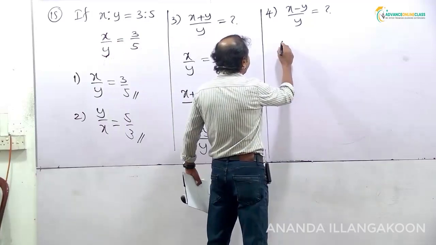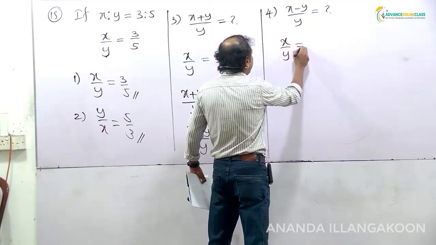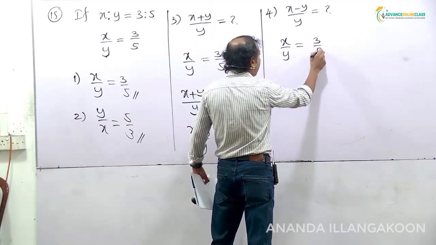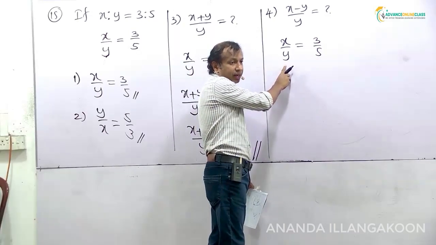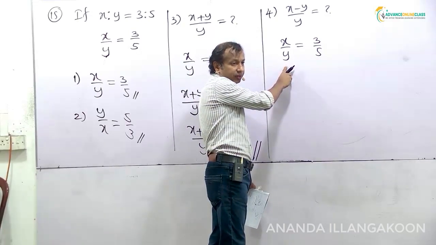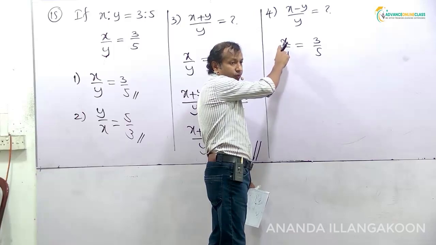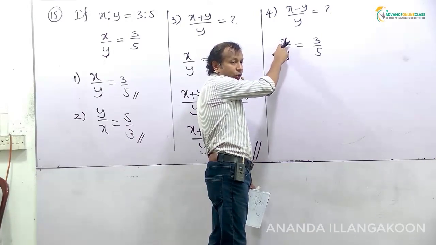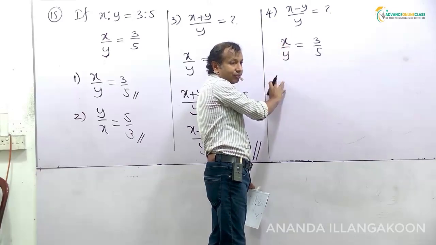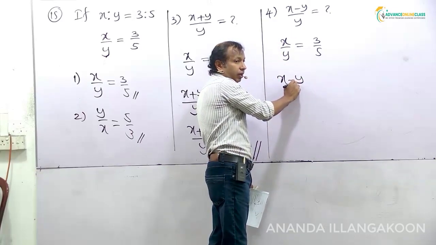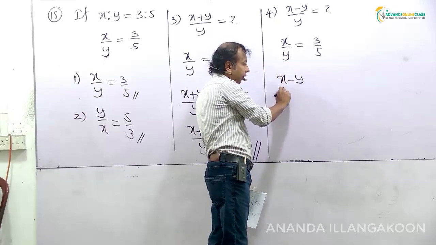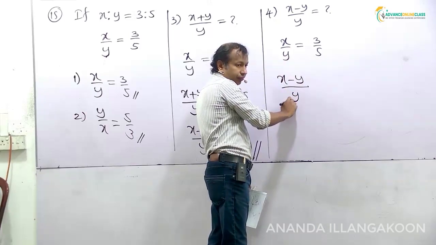We know x upon y equals 3 over 5. Today we learned what? Subtracting the denominator from the numerator, writing it at the numerator, we can write this. That means we subtract this from the numerator and write it at the numerator, and the same denominator y we write.